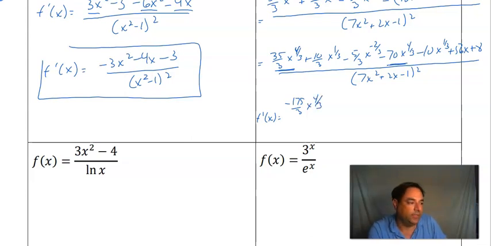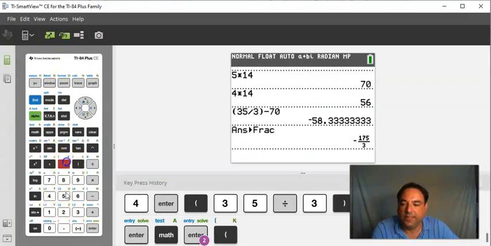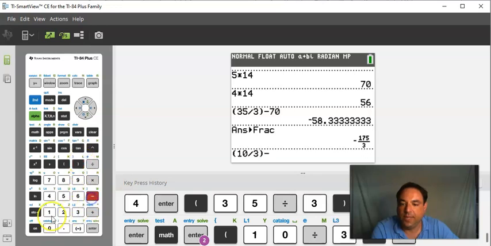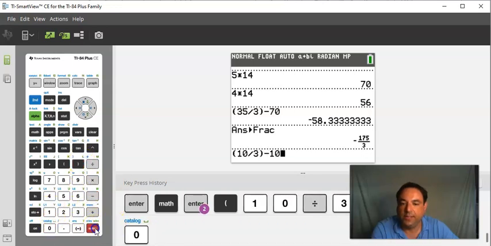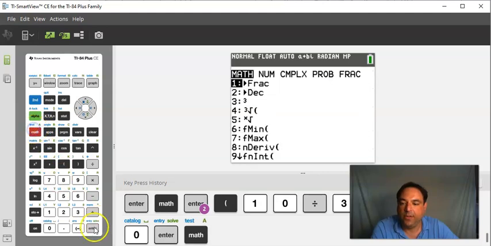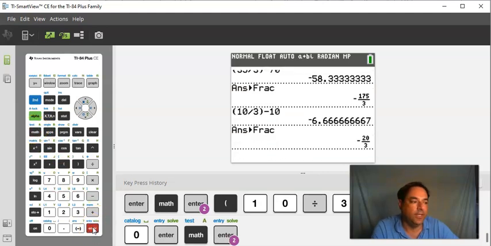Then continuing with the highest exponent down would be the 1/3. So we have 10 over 3 x to the 1/3 minus 10 x to the 1/3. So we can go to the calculator, parenthesis 10 over 3 minus 10, enter math fraction. You get negative 20 over 3.